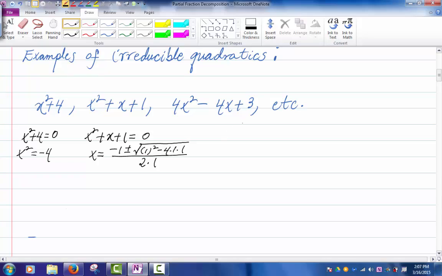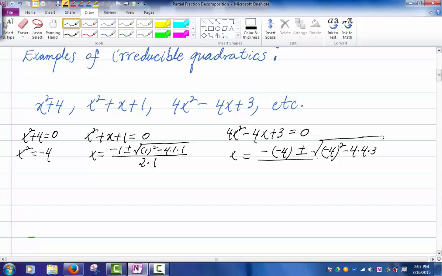How about the third one? Well, look at 4x squared minus 4x plus 3. Is that irreducible? Well, solve for x. You're going to get negative of negative 4 plus or minus the root of negative 4 squared minus 4 times 4 times 3, divided by 2 times what?